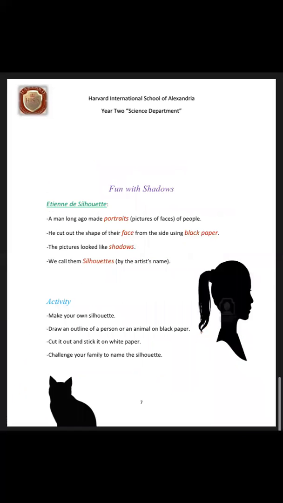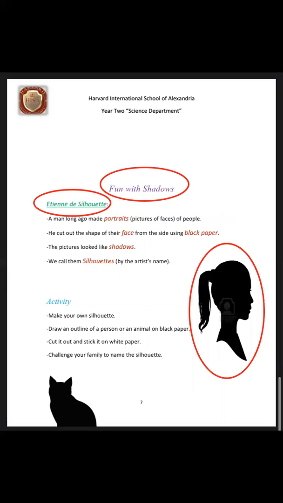Okay, fun with shadows. Do you know that there is an art called silhouette? An art called silhouette. And the picture of the lady here, it's not a picture, it's called a silhouette. It means it's an image with no details, only with black paper.